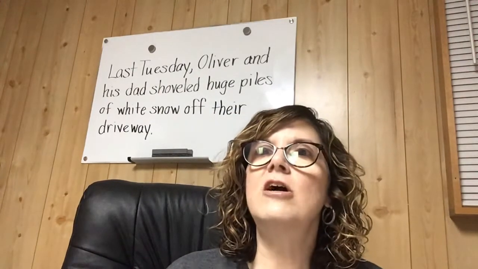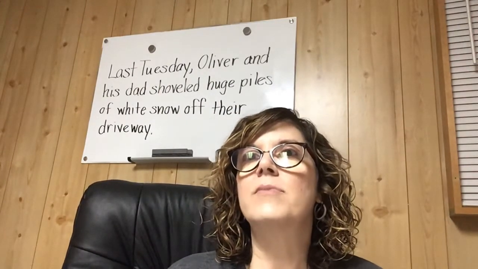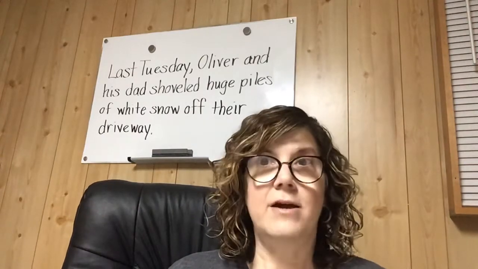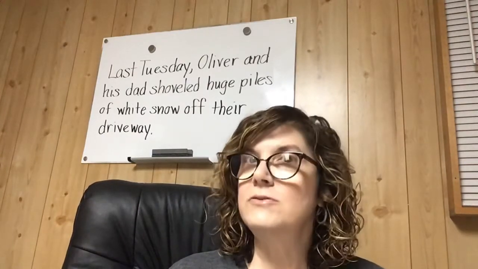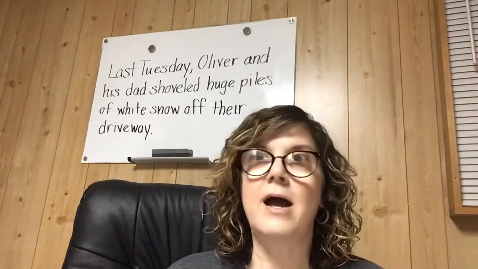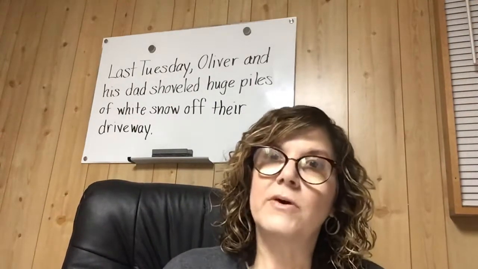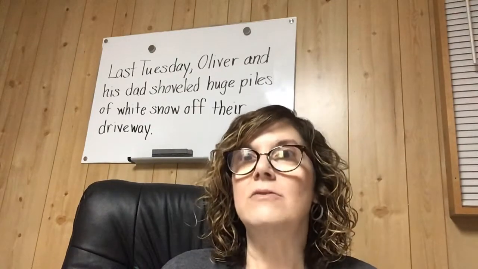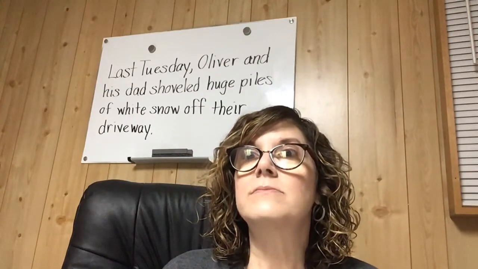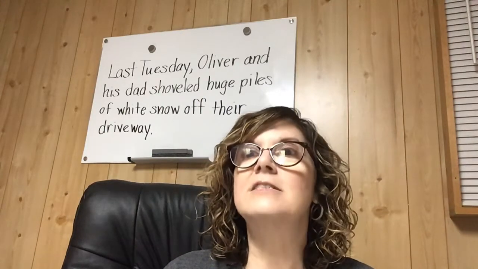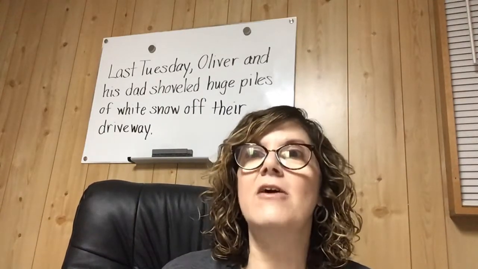All right, let's just talk about any other nouns that are in the sentence. All right, so Tuesday would be a noun because we learned that all our time words are nouns, like second, minute, hour, day, week, month, year. Tuesday, February, all those are nouns. Then, of course, Oliver. We just talked about that. That's a proper noun. What else? Dad. Very good. Since dad is also the subject, dad is definitely a noun because your subject's going to be a noun usually.